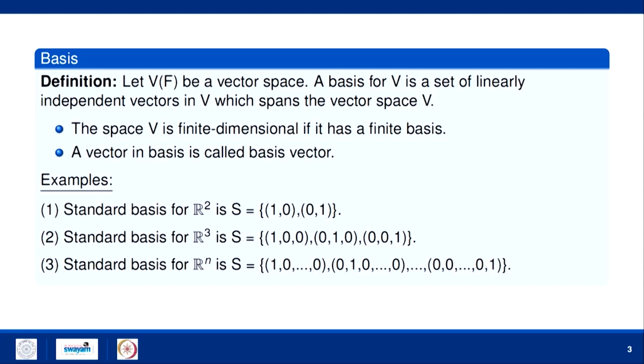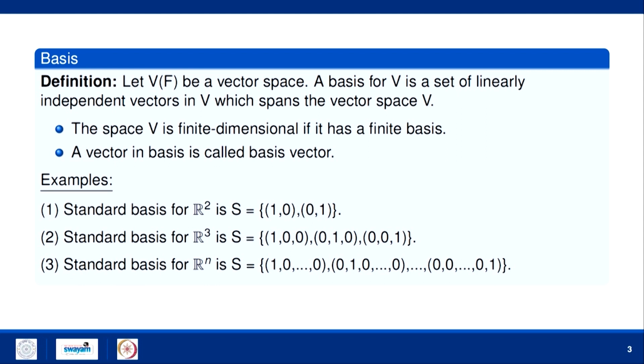Mathematically speaking, the definition of basis is given as: let V be a vector space over the field F. A basis for V is a set of linearly independent vectors in V which spans the vector space V. So, what should be the qualification to be a basis?